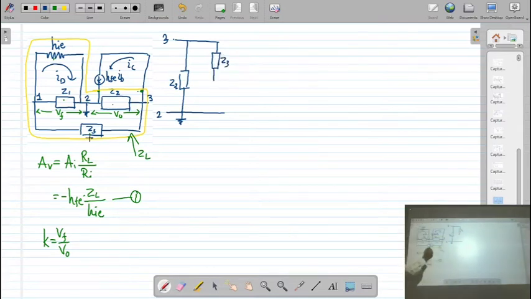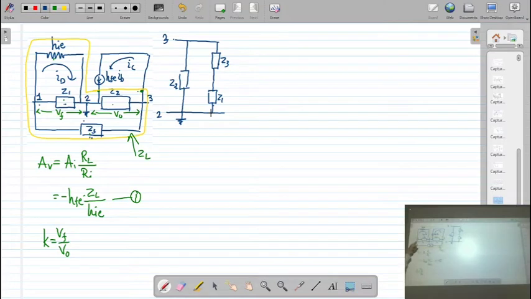Correct? This Z3. Now the second end of the Z3 is connected to Z1 and the Z1 is connected to the ground. So here we have a Z1 and then it is connected to the ground. So try to understand this loop. Between the 2 and 3 terminal Z2 is there. Then the Z3 is connected to terminal number 3.